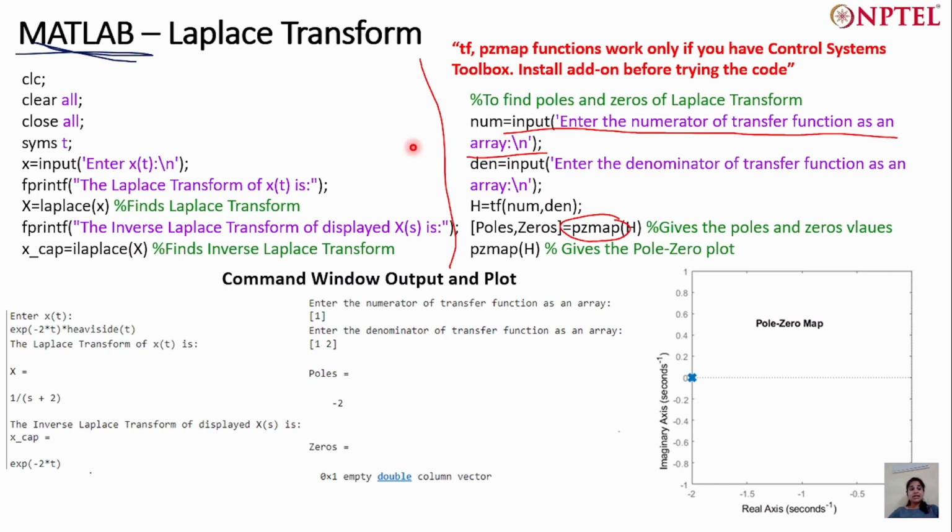For any complicated signals, we can easily find the Laplace transform, inverse Laplace transform, and the poles and zeros of transfer functions in MATLAB. This is just to give a feel about MATLAB. You might not need this for your exam, but it will help you in your future work.